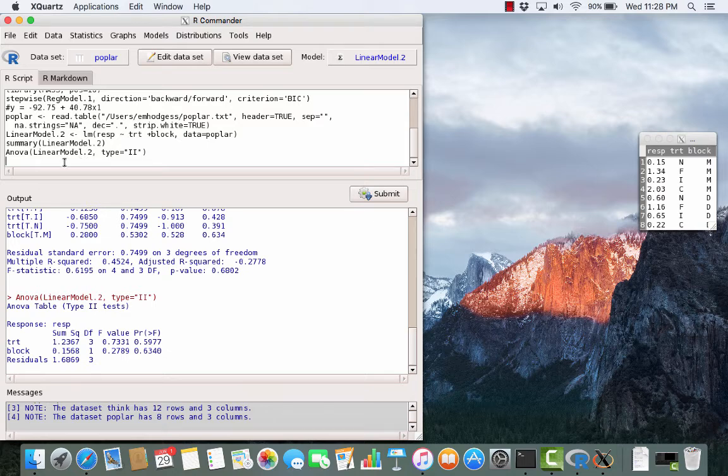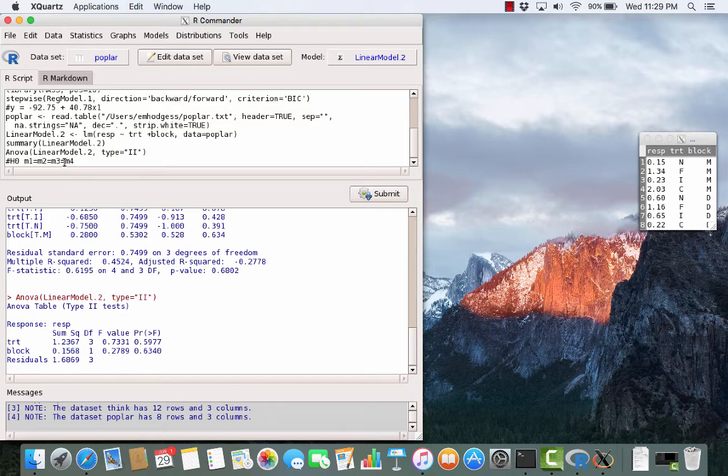So let's do our hypothesis test. You're going to have your H0, and I'm just going to use M instead of mu. So I'm going to have mu1 is equal to mu2 is equal to mu3 is equal to mu4.